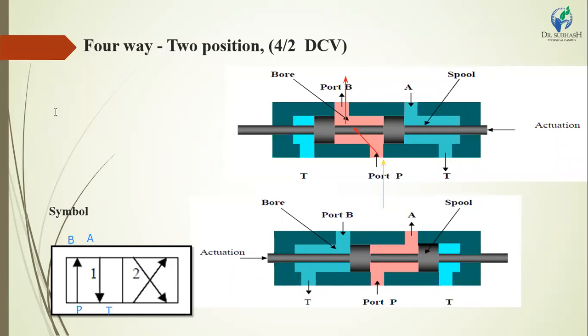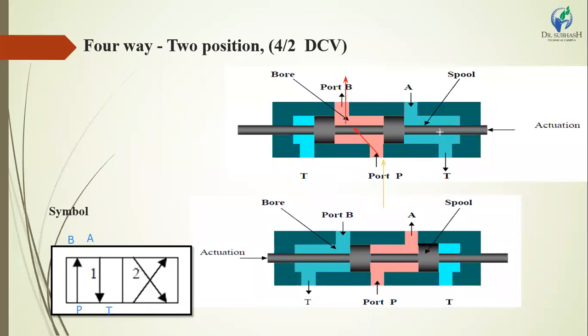When the oil first passes from the hydraulic pump to the direction control valve, from port P to port B, this arrow shows the oil passing from point P to B.